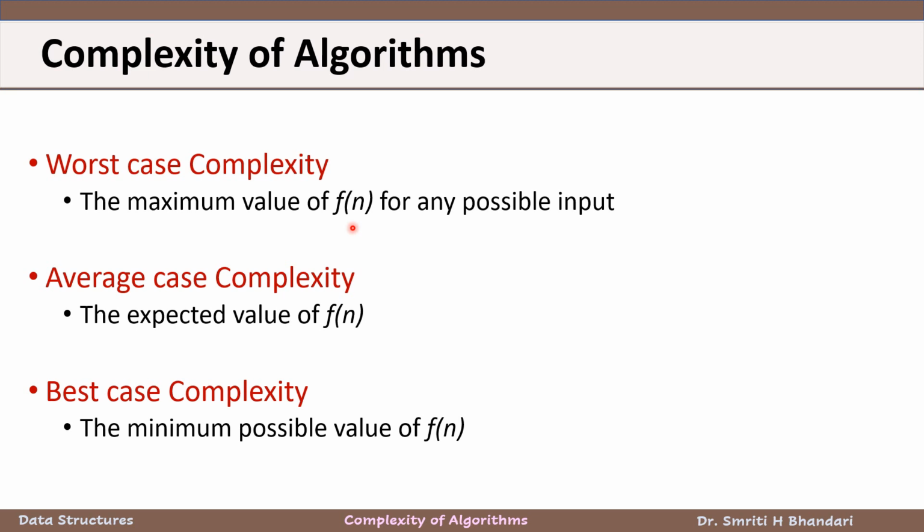So the maximum value of f of n for any possible input is called as worst case complexity, whereas the expected value of f of n is given as average case complexity. However, the minimum possible value of f of n is the best case complexity of the algorithm.